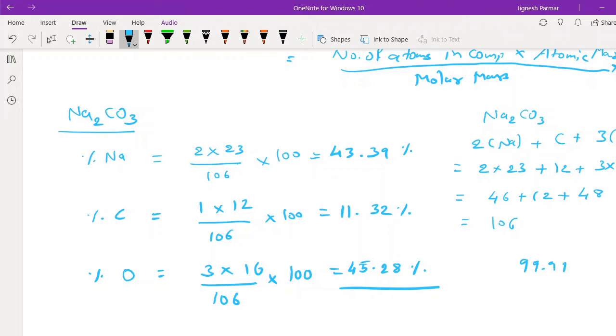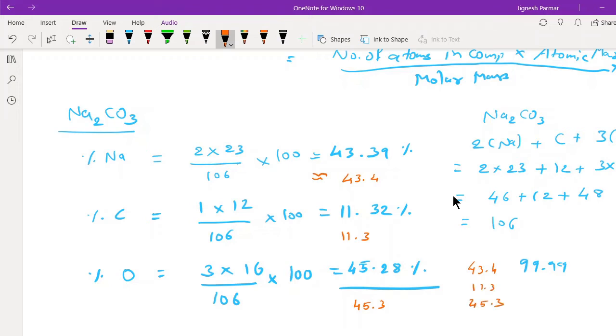Because some of the decimals we are not considering, as we have to round them up. So this will be 43.4, this will be 11.3, and this will be 45.3. Let's see whether it gets 100% or not.